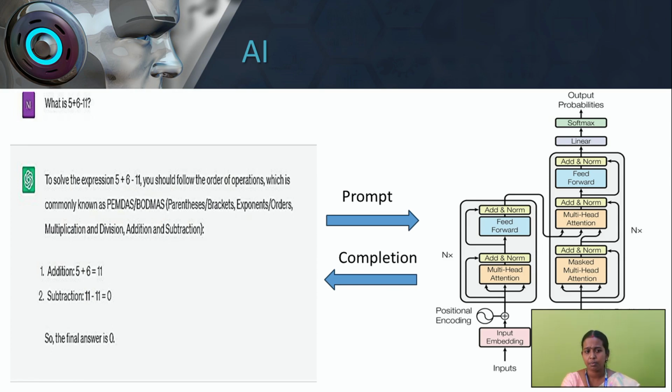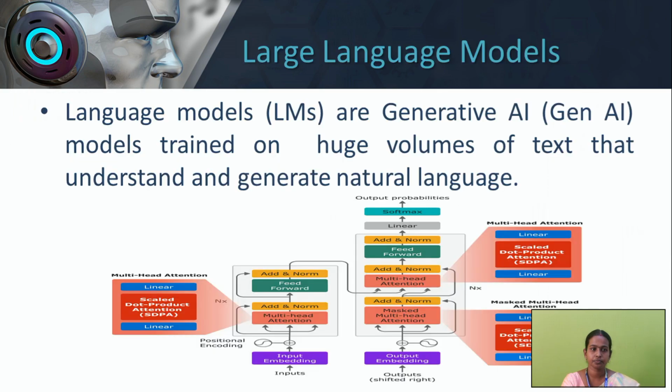If it is subtraction, it provides me the answer for that too. So nowadays with the help of artificial intelligence, a user can give input to the system in a normal language, which is nothing but natural language, and a machine is capable of processing it and providing us the output.